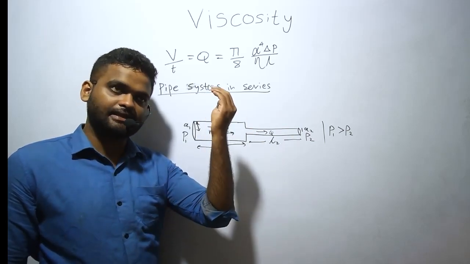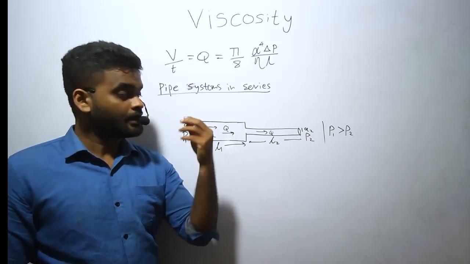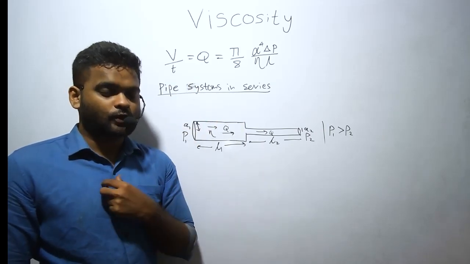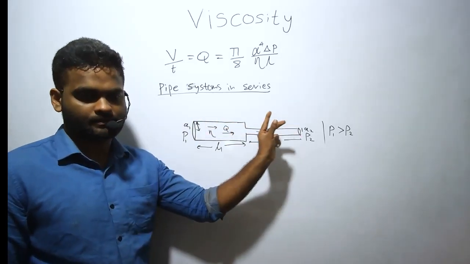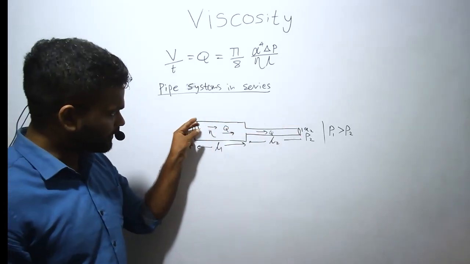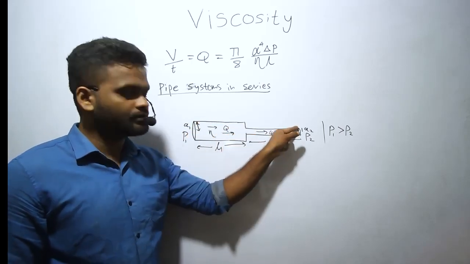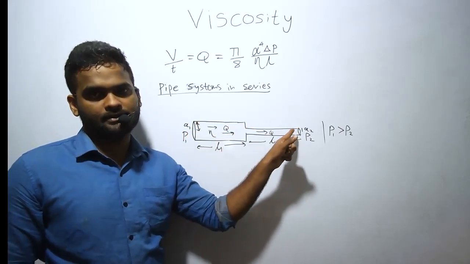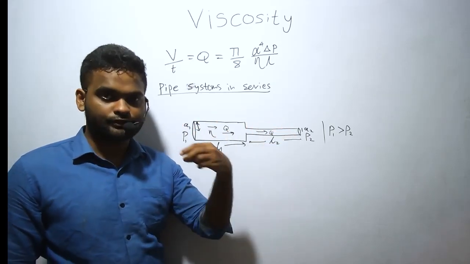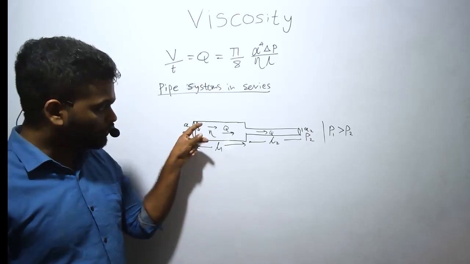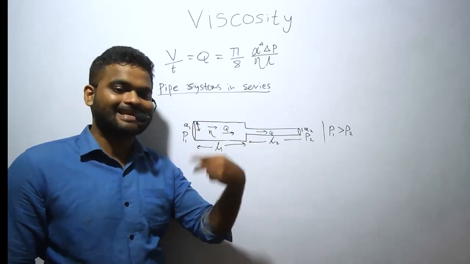You learn that when you are learning Bernoulli. The volume flow rate is the same through both pipes. Whatever goes through this pipe must go through this pipe as well at the same flow rate.